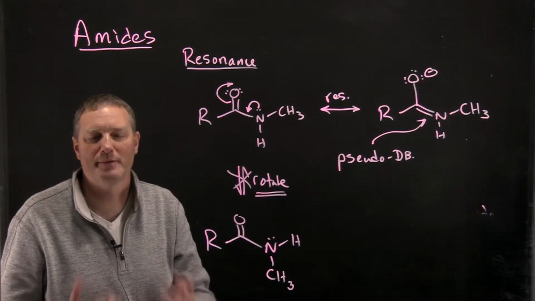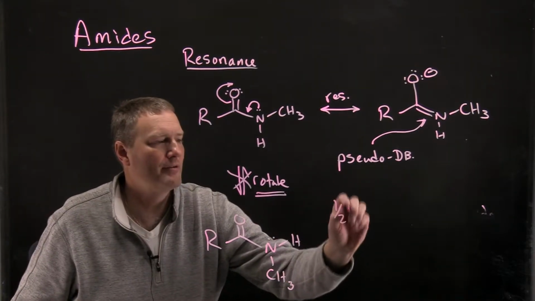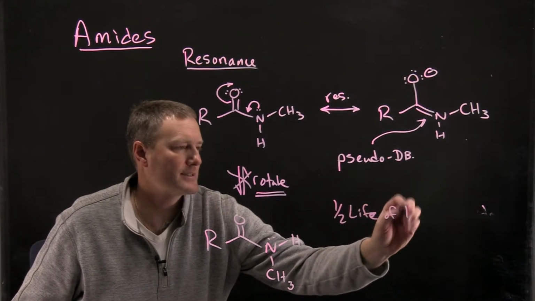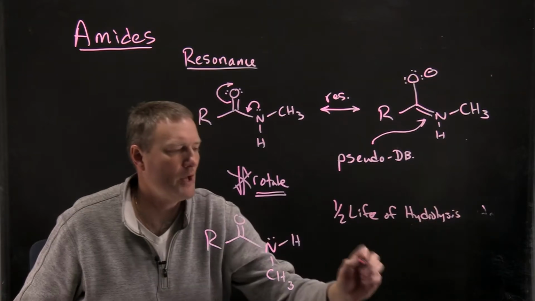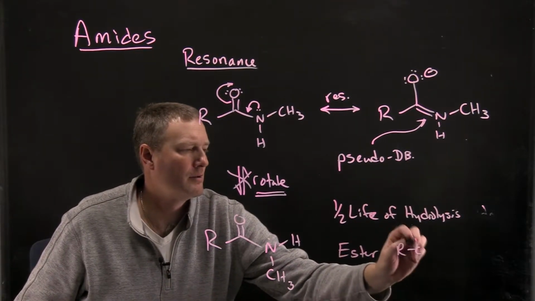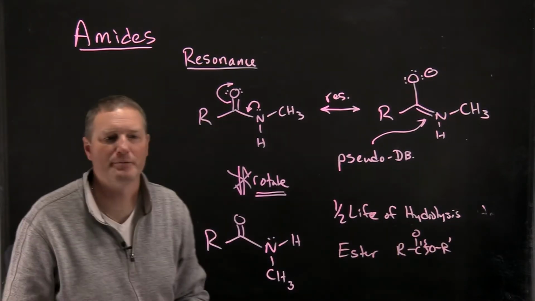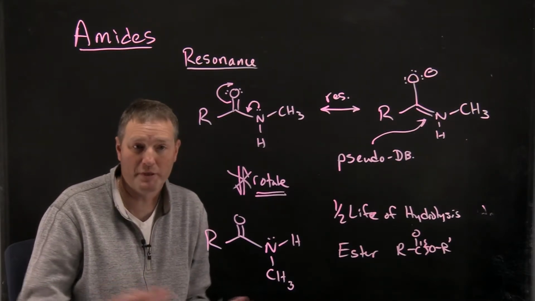If you were to compare the stability of an amide to, say, an ester, let's look at the half-life of hydrolysis. Okay, an ester. If we want to break that ester bond using either acid or base catalyzed hydrolysis, it definitely will work.